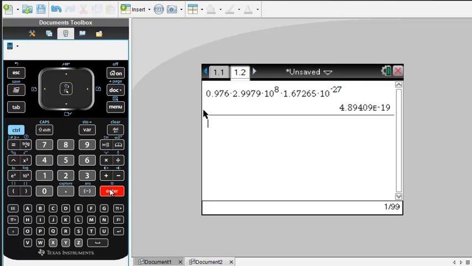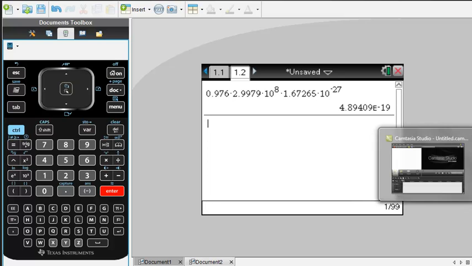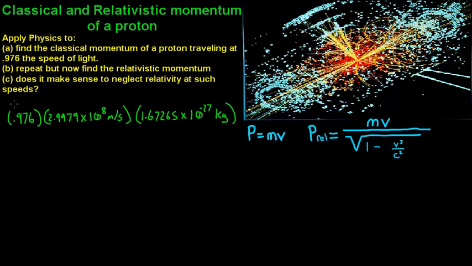Okay, and we get 4.89 times 10 to the negative 19th. Okay, so the answer for A is going to be 4.894 times 10 to the negative 19th kilograms times meters per second. All right. Now for part B.